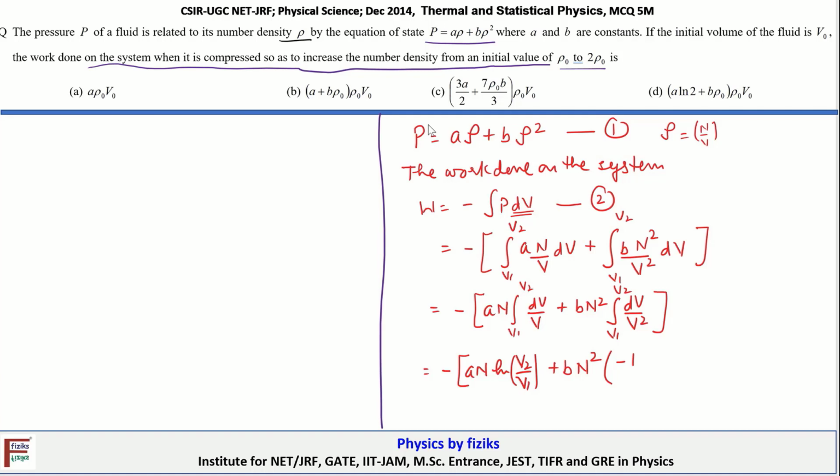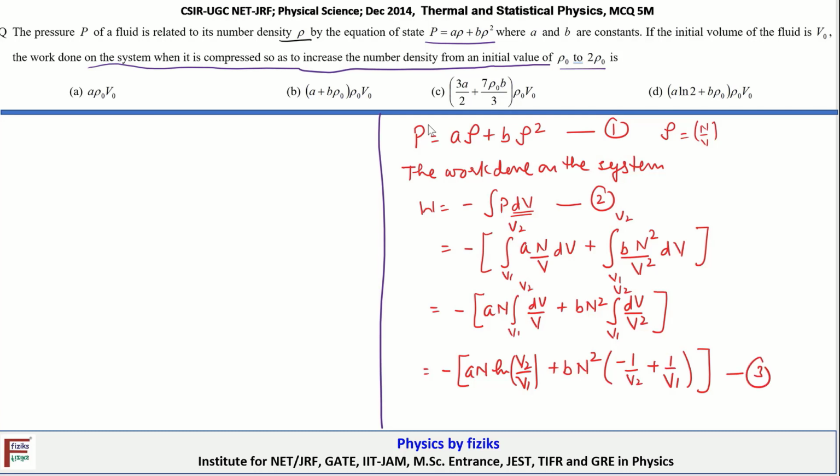So the minus 1 by V, upper limit minus 1 by V2, minus, lower limit, so plus 1 upon V1. So before we evaluate this quantity, let me call this equation 3.